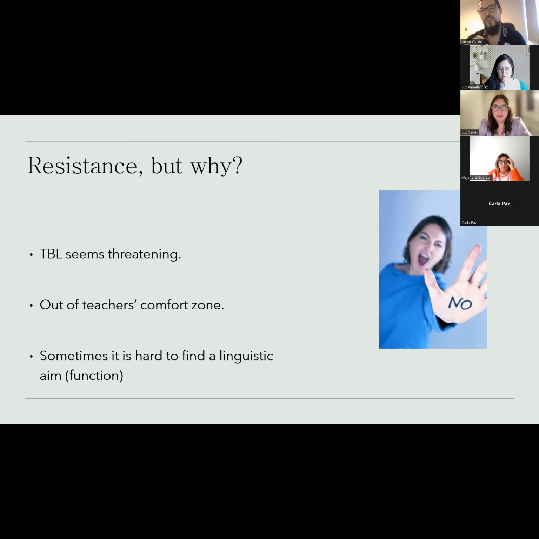Some teachers struggle a lot with identifying a language function assigned to a linguistic component. There are some more reasons why teachers feel afraid, or maybe they need some more instruction.